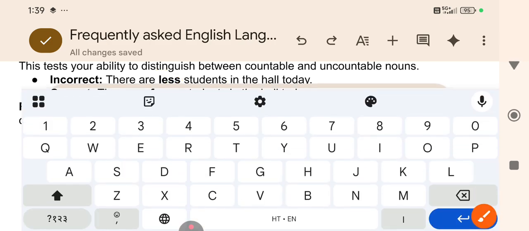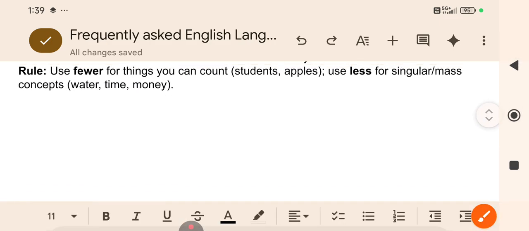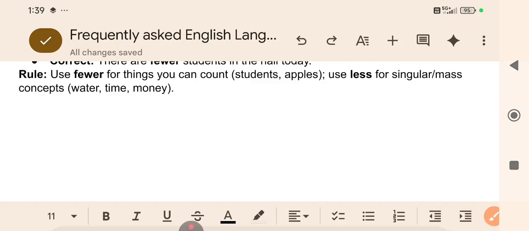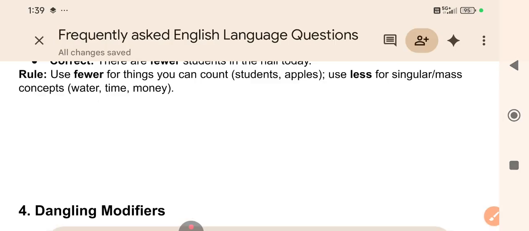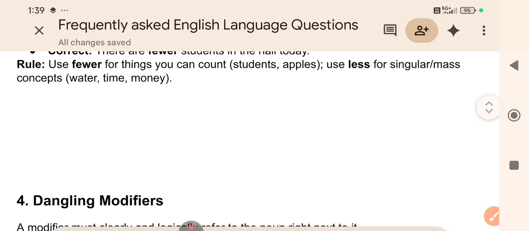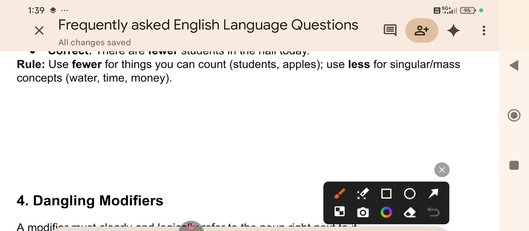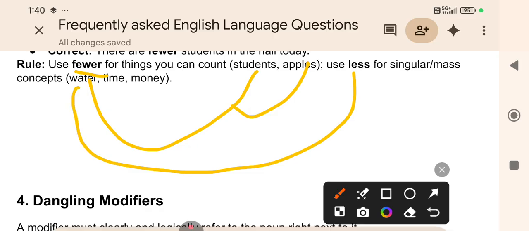So the rule is that you use fewer for things you can count, and less for uncountable nouns.